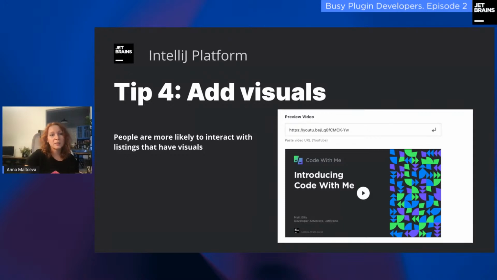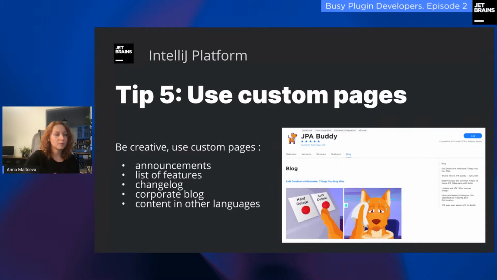And my next tip is using custom pages. We also have this feature on the marketplace because you don't want to write everything. Of course, you can have a lot of content, but writing everything on the main overview page is not a good idea. As I said, your prospects are busy and they're not willing to read everything, like documentation and big installation instructions from your overview page.